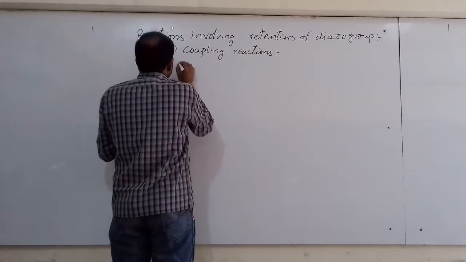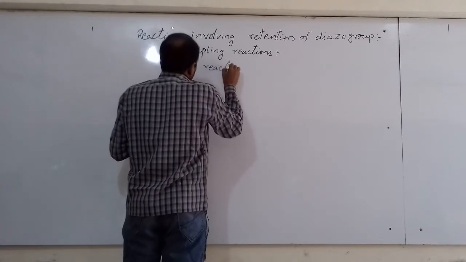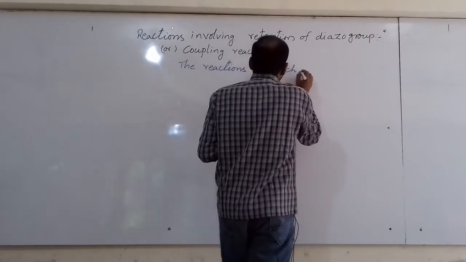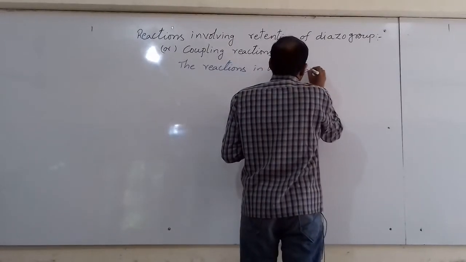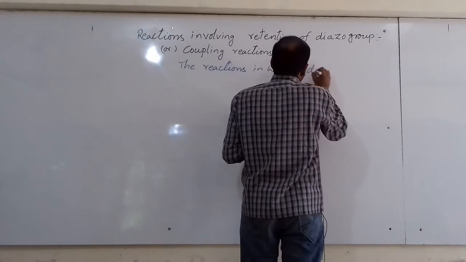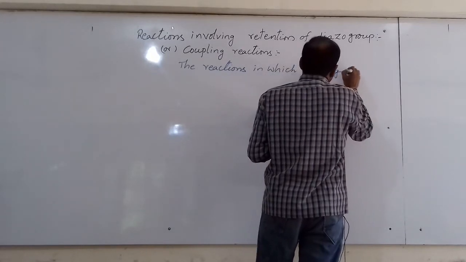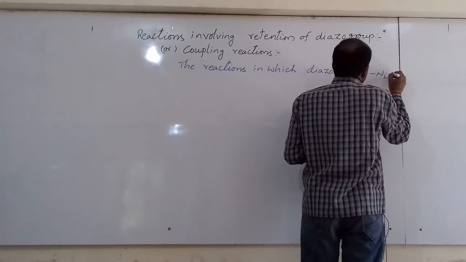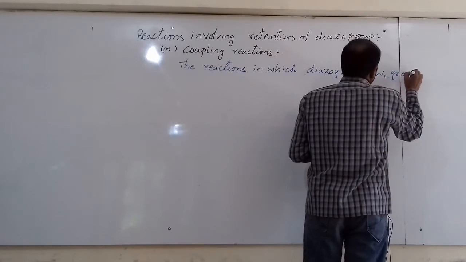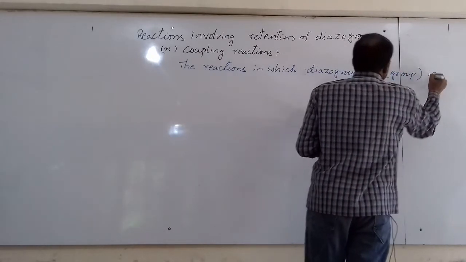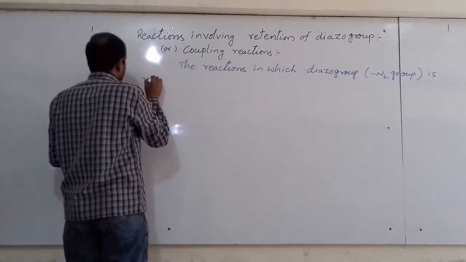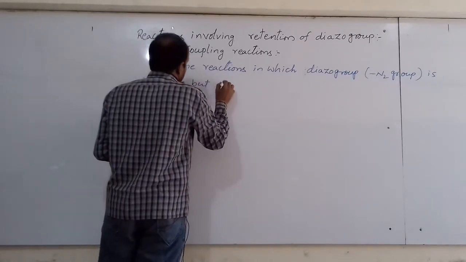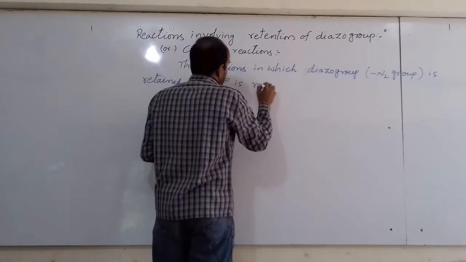Here the reactions in which the diazo group, that is the N2 group, is retained, but X minus is replaced.